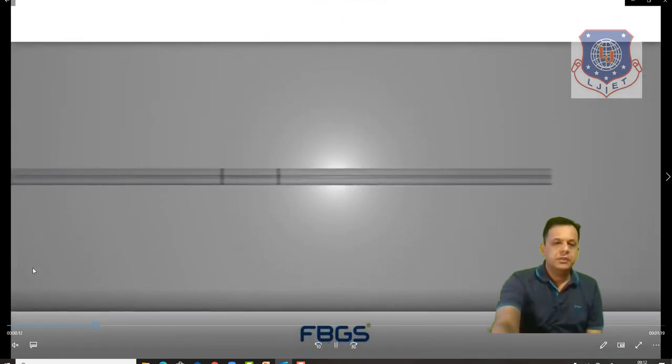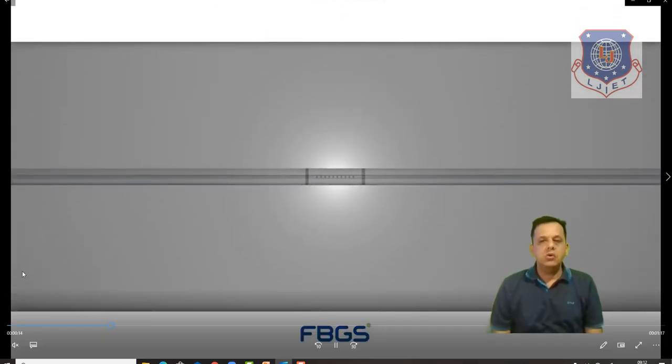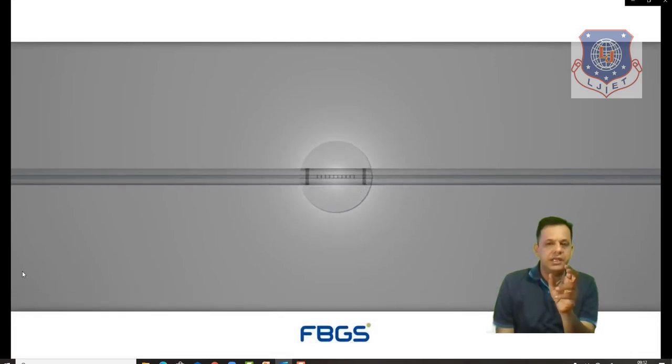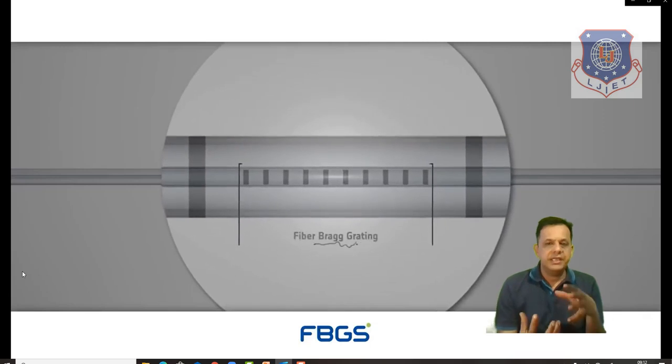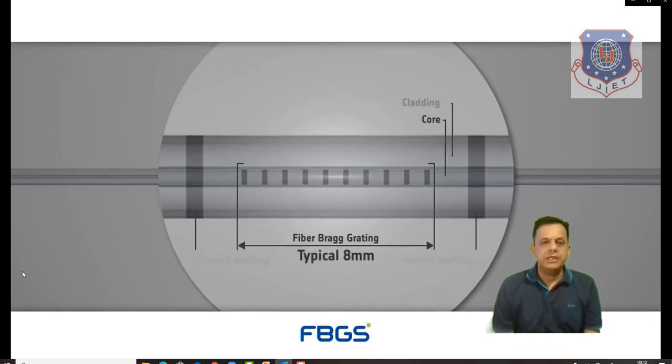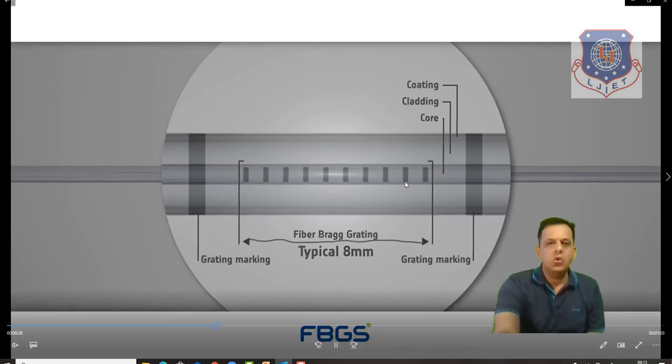Okay, so we see here the FBG concept and how it actually looks. This is the area where the grating is applied. In the magnified view you can see typically 8 mm and the grating space, and here you can see cladding, core and coating.